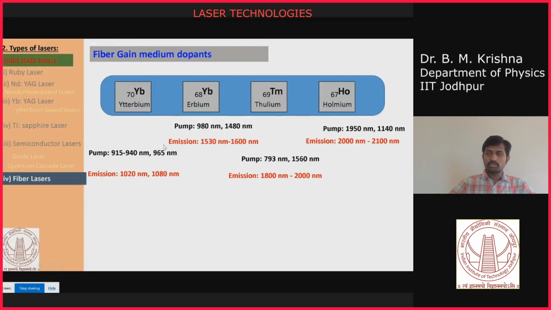If you want visible wavelengths, once we have high powers from these lasers, using nonlinear crystals, as I mentioned, second, third and fourth harmonic generation crystals, you can bring the light into the visible regime as well as into the UV regime. Nonlinear optics allows you to get visible wavelengths using these fiber lasers.